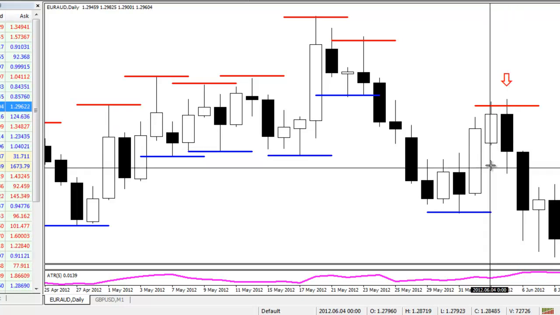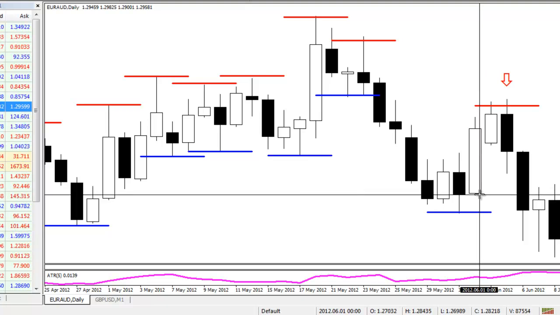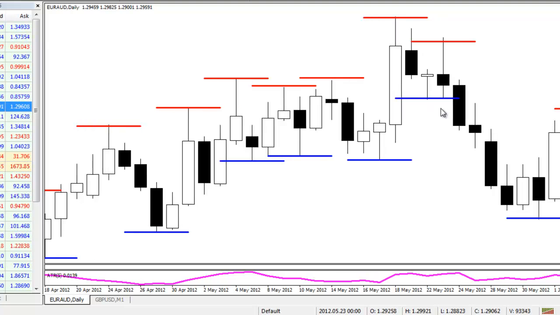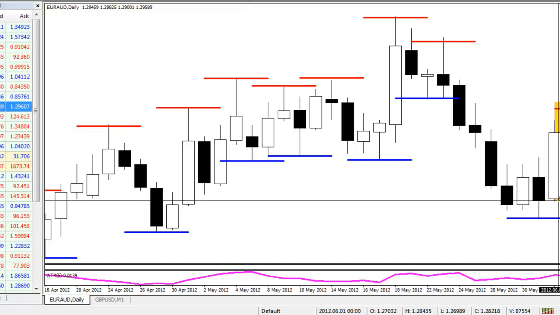Now we need to actually measure the range of the last three candles. So if we hide away the more recent price action and focus on these most recent three candles, we can see that the range is 180 pips.